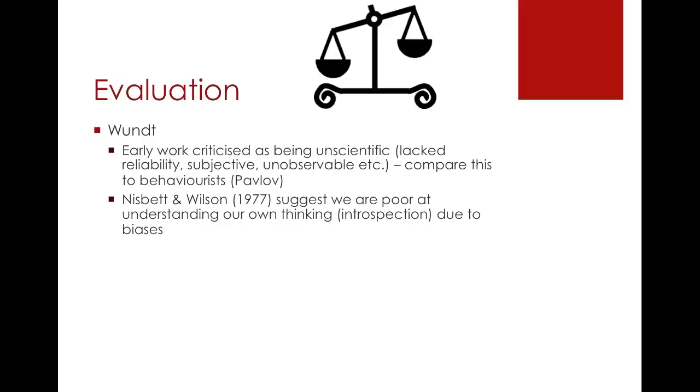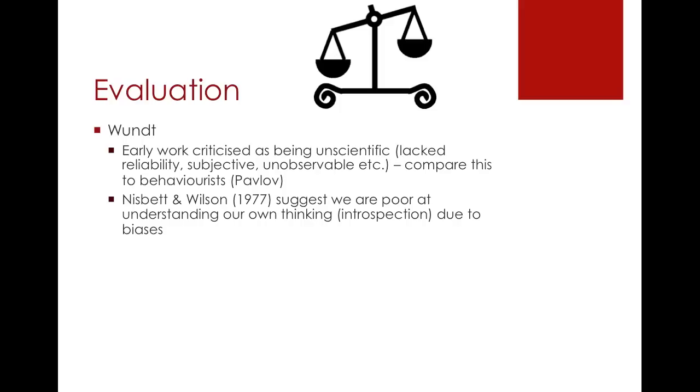his early work has been criticised as being unscientific, maybe unreplicable, subjective, unobservable. And if you compare this to the other approaches, such as the behaviourists, it certainly appears that way, that it is a less scientific method, although he was the first psychologist.